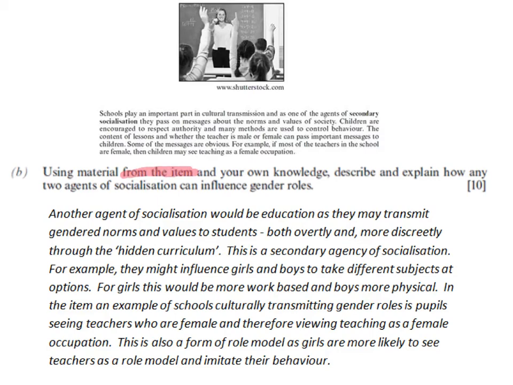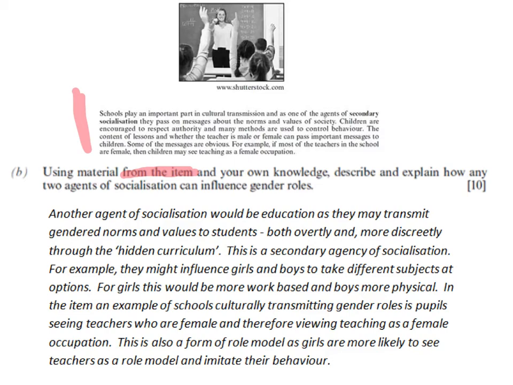And as we can see on the screen at the moment, in the item, the example used is the role that schools play as a secondary agency of socialization. So what we can see underneath the question is a further paragraph showing how we could use the example of schools and develop some of the material from the item to show how that can influence gender roles.